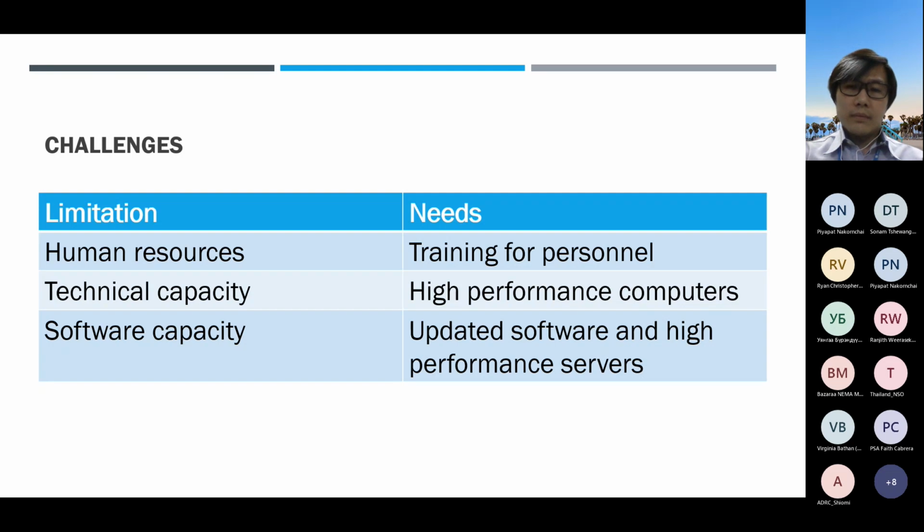The second is technical capacity, such as high performance computers to work on the spatial and GIS systems. We currently lack technical capacity. And the last is limited software capacities. The need for updated, high performance servers is the greatest need currently in Mongolia.